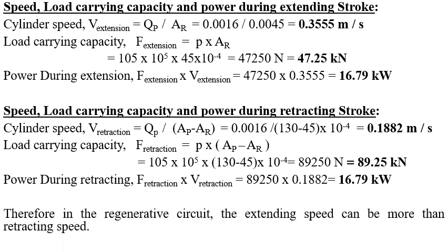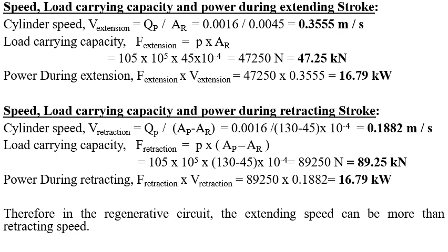How is it possible? Therefore, in the regenerative circuit, the extending speed can be more than the retracting speed. It is happening in the regenerative circuit. Look at the numerical solutions. The cylinder speed during extension is 0.3555 meter per second, and velocity during retraction is 0.1882 meter per second.